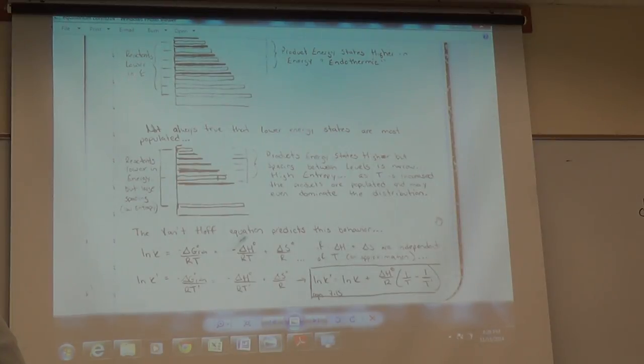The other one was carbon solid plus O2 gas goes to CO2 gas. And the other one was solid carbon plus 1/2 O2 gas goes to CO gas.